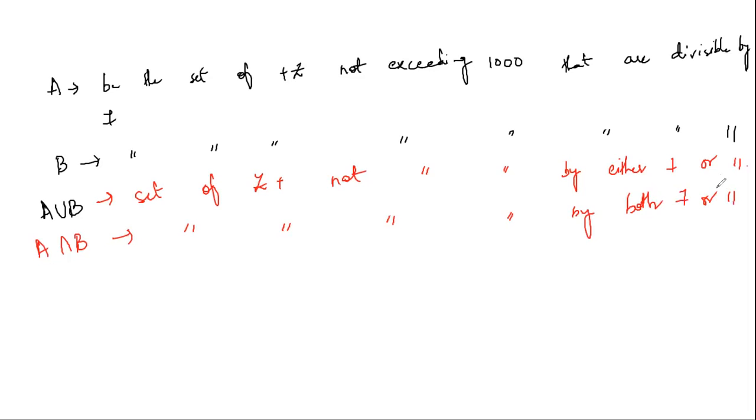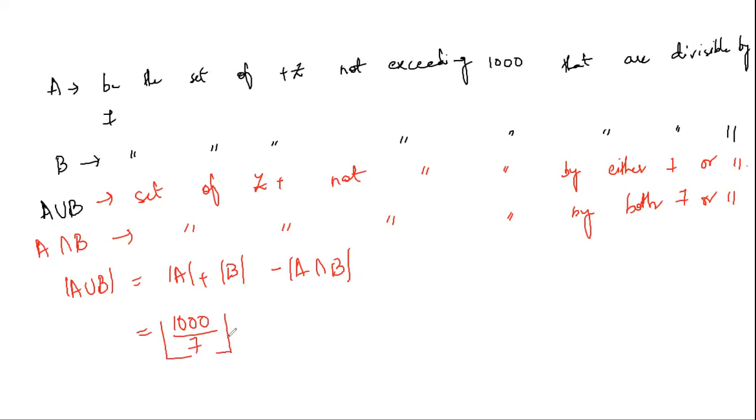Now, to find the total number of integers, what is the formula? Cardinality of A union B is equal to cardinality of A plus cardinality of B minus cardinality of A intersection B. So what is the cardinality of A? It will be given by floor of 1000 by 7.